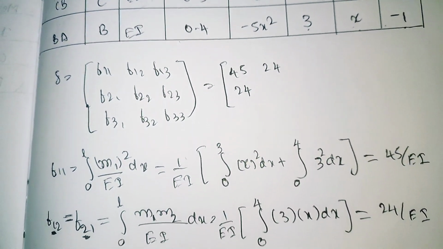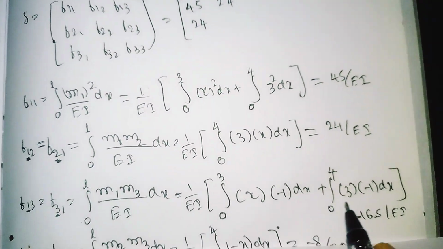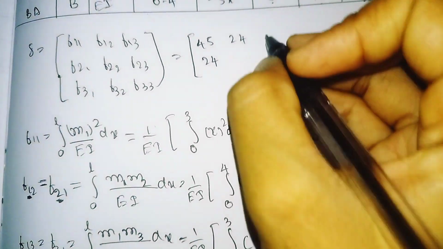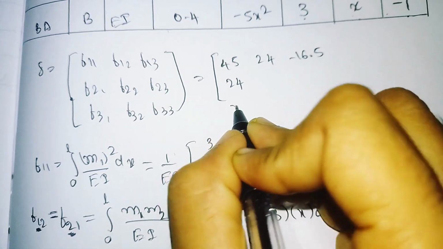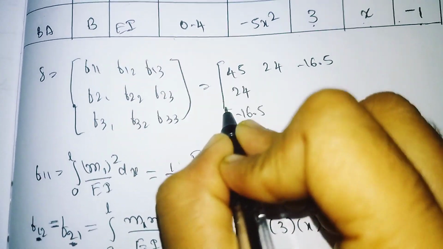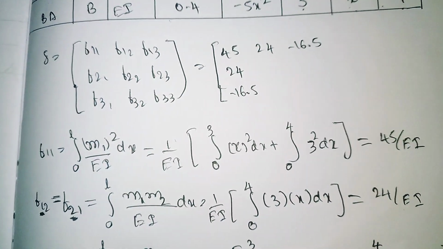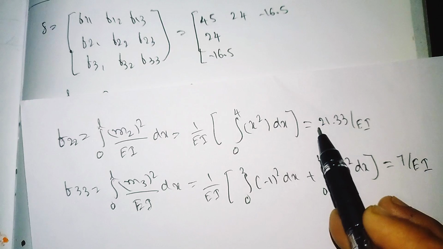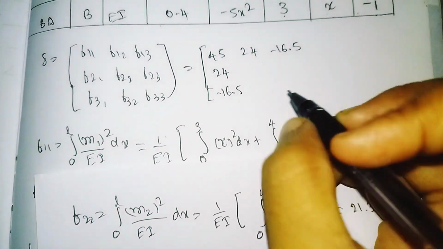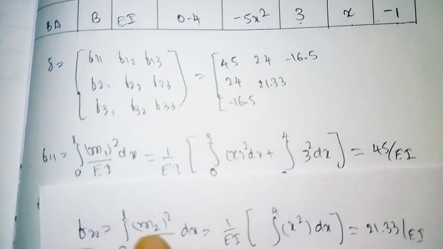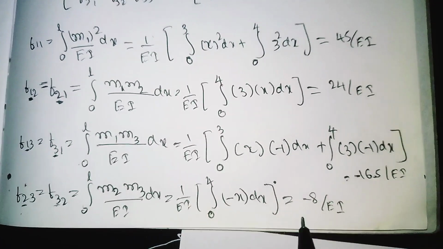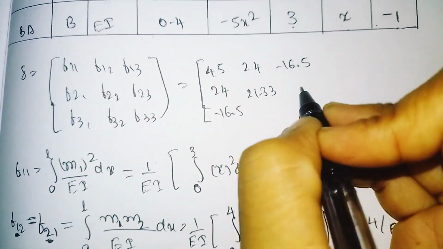F13 value we got was minus 16.5 similarly, and F31 value also minus 16.5. F22 value we got was 21.33, so write it here 21.33, and F23 value we got was minus 8.